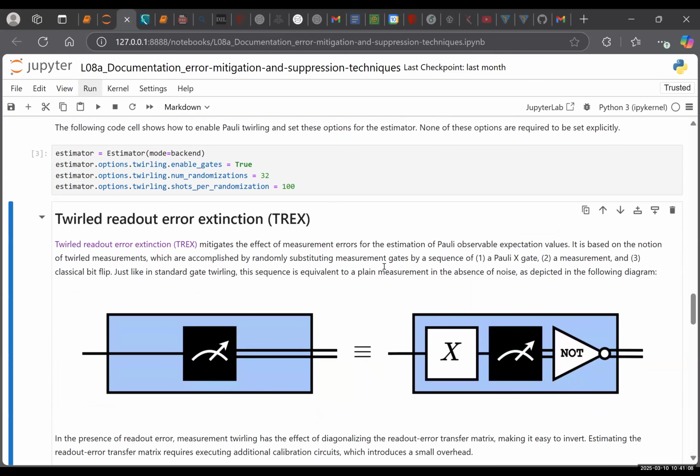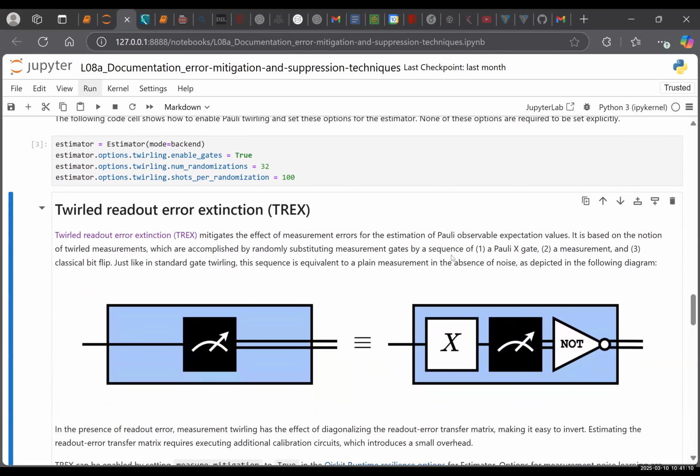So what it does is actually apply, in Qiskit, which is accomplished by randomly inserting X gates. So it's randomly doing the NOT gate. And if you apply it, you measure, you know you have a gate X, right? You flip the classical outcome, you can just classically flip back.